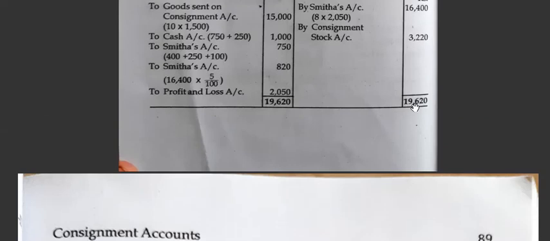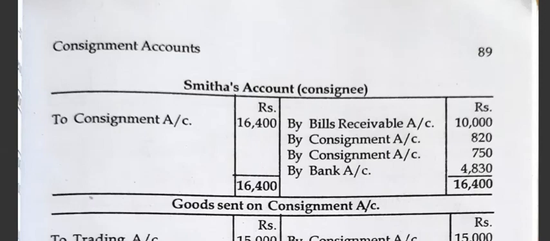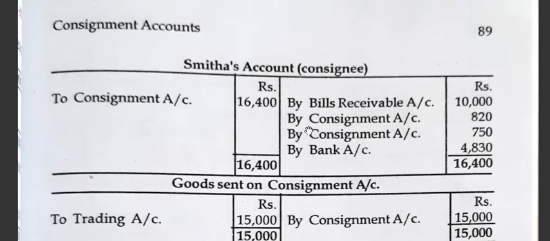Close this account, you will get the total as 19,620. Find out the difference, which is 2050. Okay, that is profit and loss account. And then open the consignee's account, that is Smita's account. The entry will be Smita's account debtor to consignment account 16,400. Then she has paid an advance. Advance has been paid in the form of a bill.